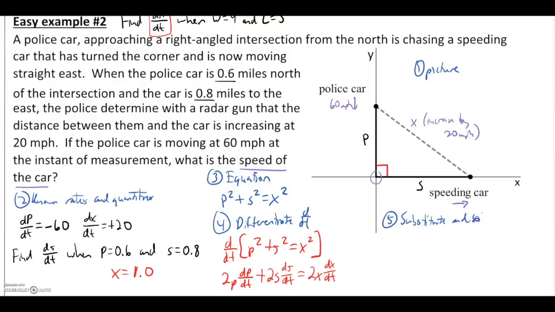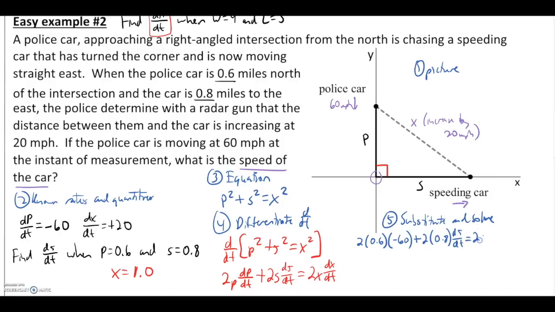Substitute and solve. So we'll have 2 times that instantaneous location, that 0.6 for the police car's distance, times the rate of change for the police car, which is negative 60, plus 2 times the distance for the speeding car, which is 0.8. We don't know the car's speed, so I'll leave that one.